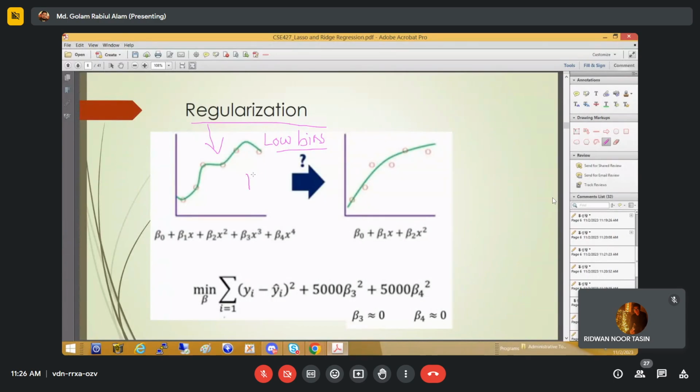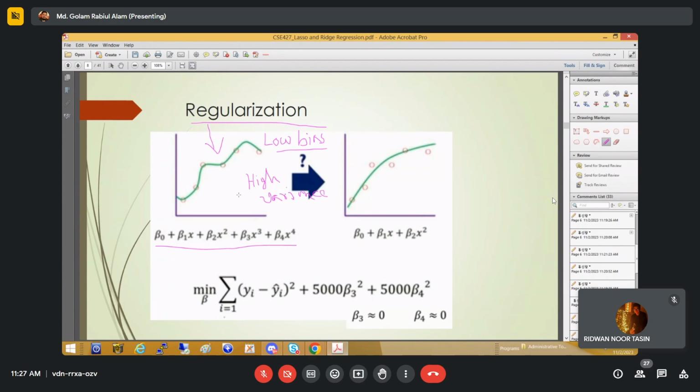Okay? High variance. So if we build the model this way, then we will get this.